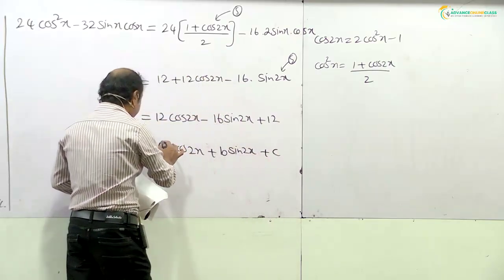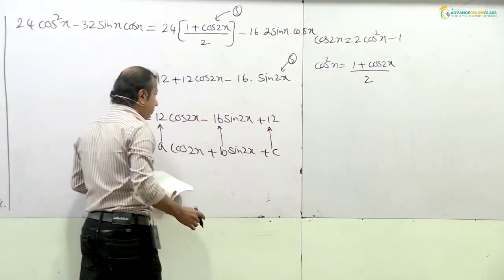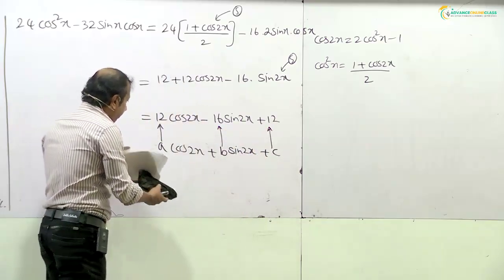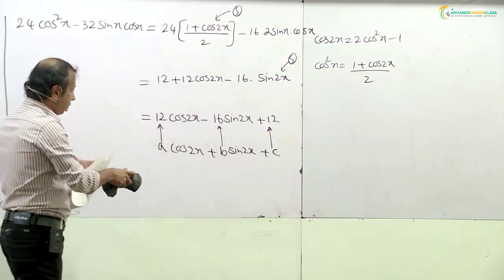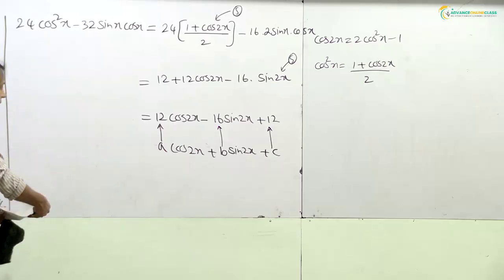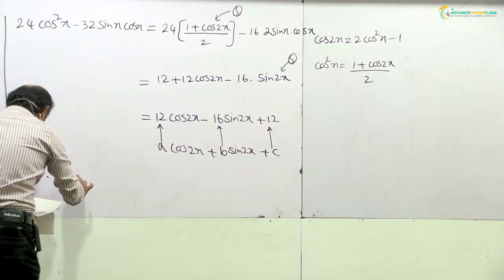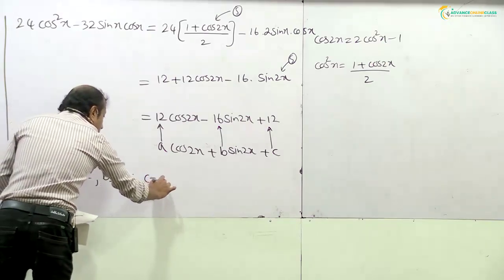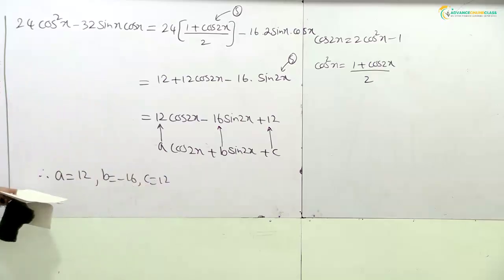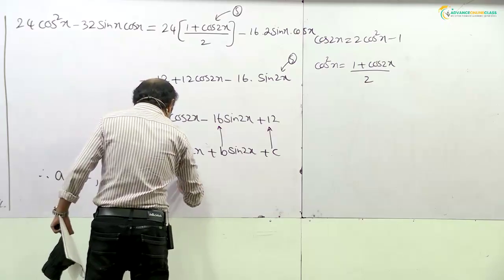Then what is a? 12. B is minus 16. C is 12. Therefore, we must write a is 12, b is minus 16, c is 12. If you don't write this, the final 5 marks assigned to this you won't get.